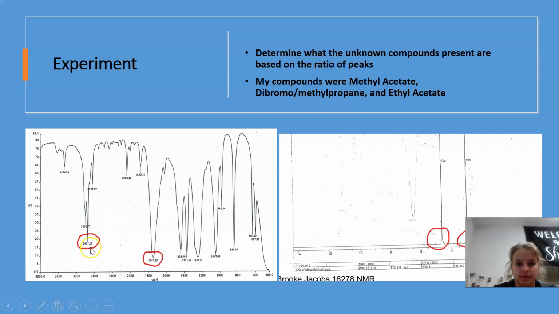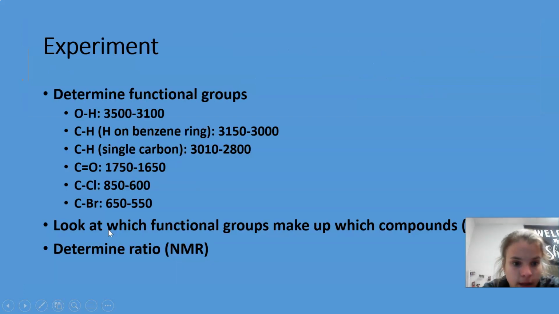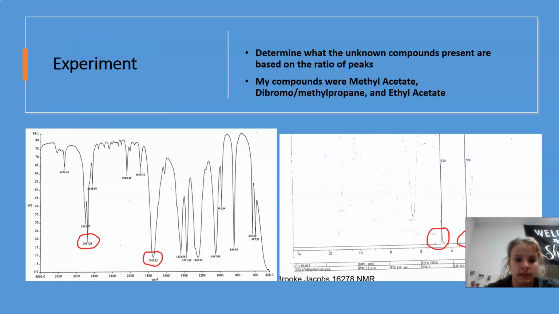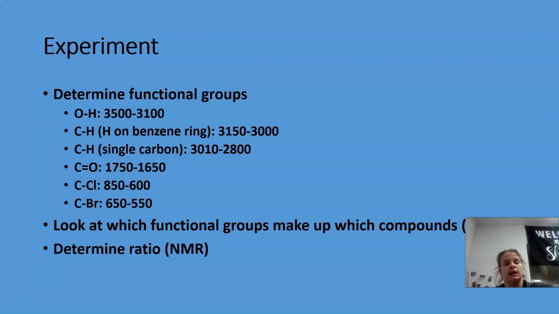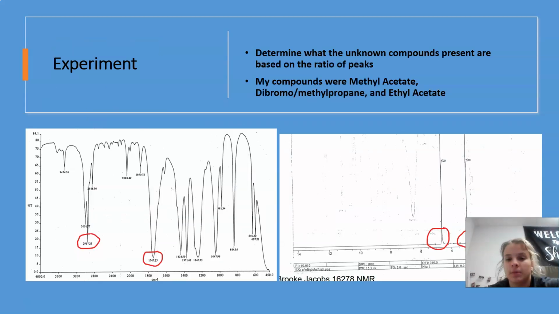Down here, the first red circle is a singly bonded carbon-hydrogen bond, and the second one is a carbon double bonded to oxygen, and that made it methyl acetate. And then the NMR, you can see the waves down here.